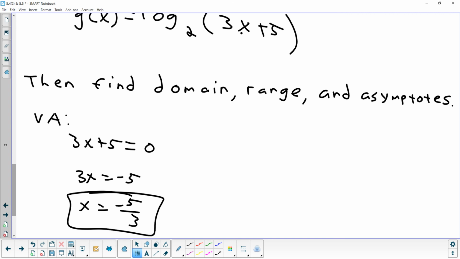If I plug in 0, 3 times 0 is 0, plus 5 is 5. That's fine. Try a number that's smaller than that. Try -10. Well, 3 times -10 is -30. -30 plus 5, -25. No good. Okay. So that tells us our domain is everything larger than -5/3. Do not include -5/3.